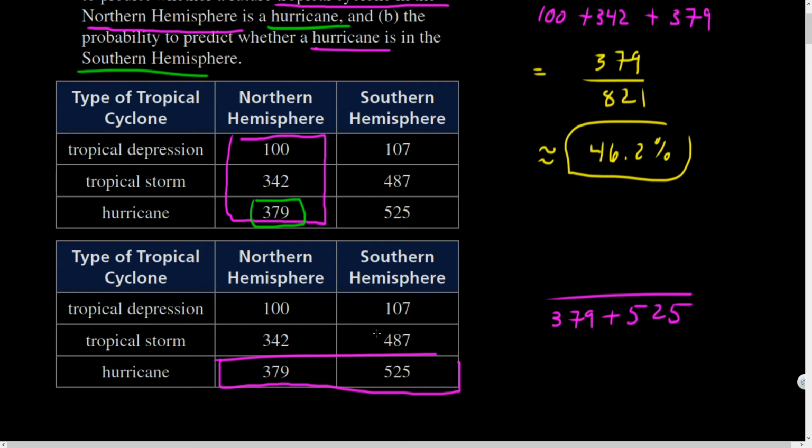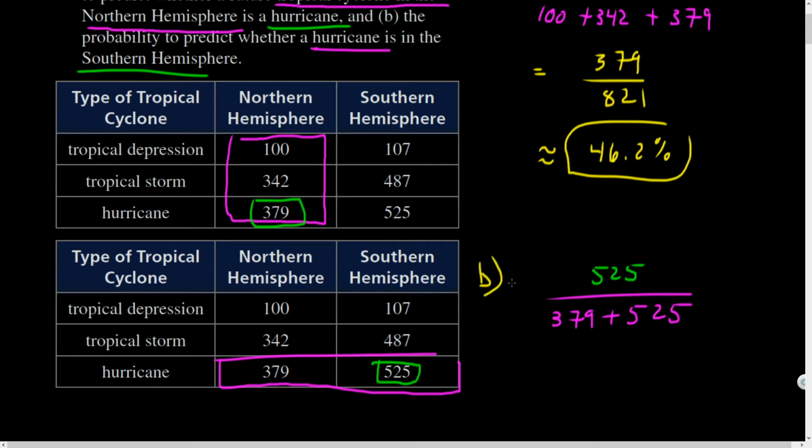Southern Water Tribe, right? Avatar: The Last Airbender reference. 487. Boom. And so here's part B. Simplify this a tad. Did I do this one wrong? Ah, I did. This isn't even in the sample space.